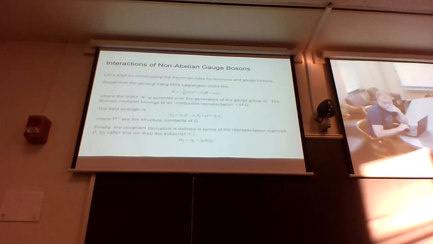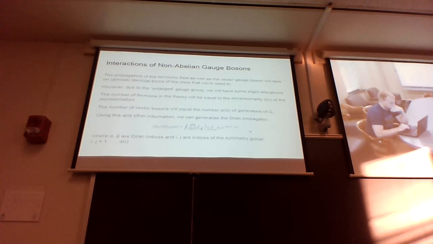That has to be dotted into something, so you introduce the generators of your transformation. Those come into play when you calculate certain processes. For example, in QCD, these would be what we call the color matrices. They're just some particular matrices.